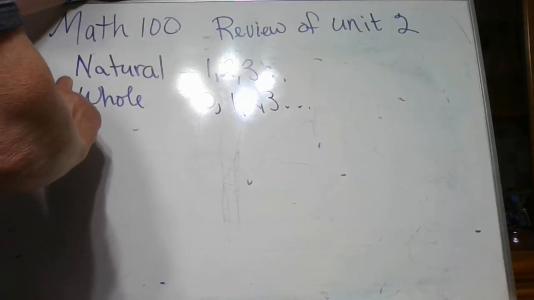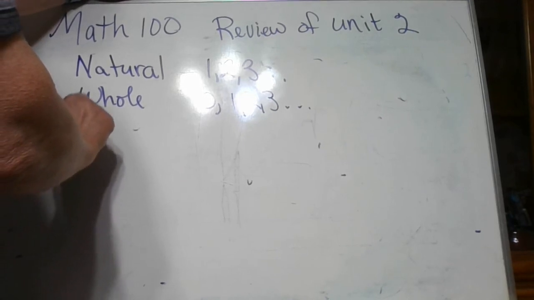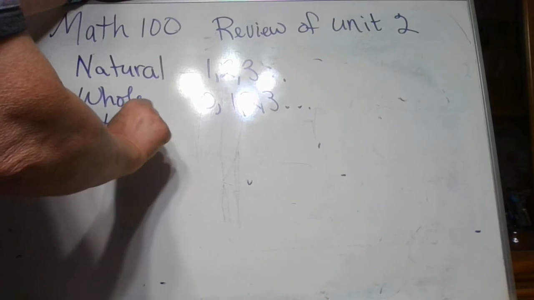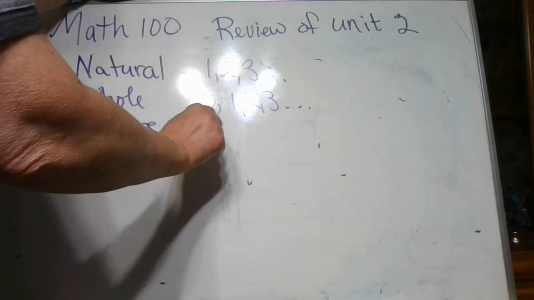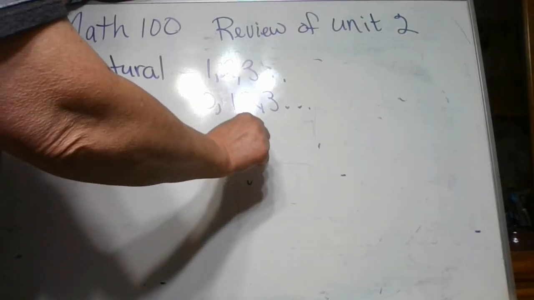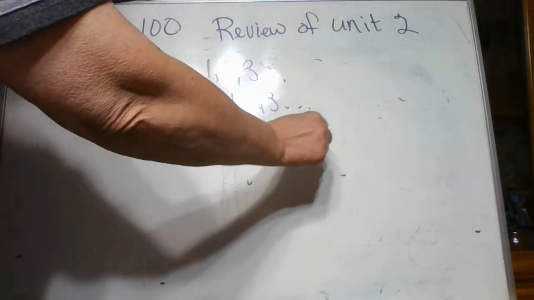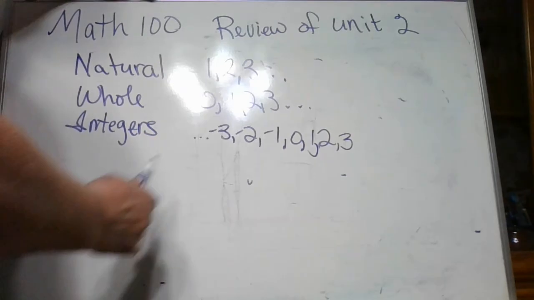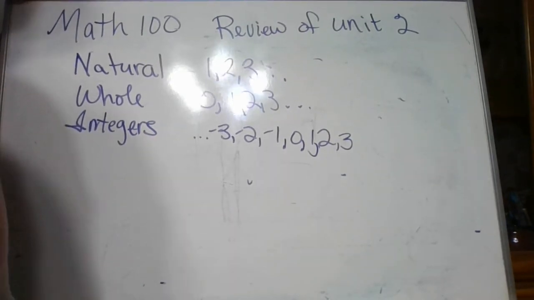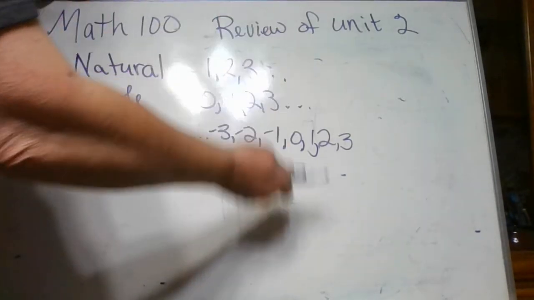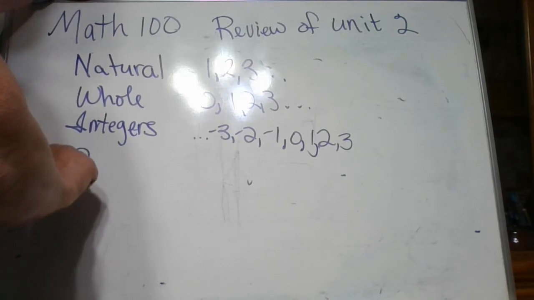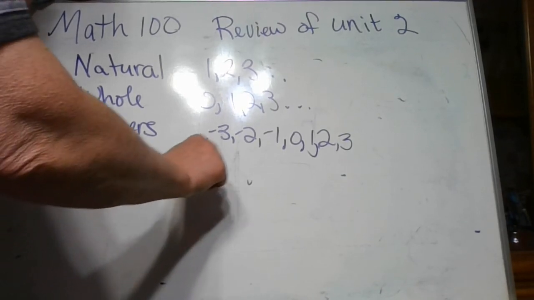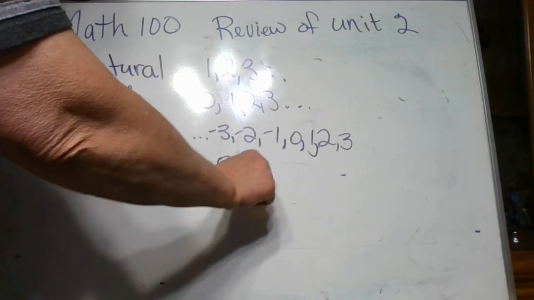Then we had the integers, which was -3, -2, -1, 0, and 1, 2, 3. It just added the negative numbers to that set. Notice we have no fractions there. So then we add fractions, which is the rational numbers. You will have to know these terms for your test.